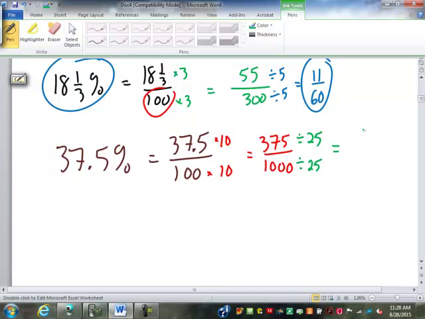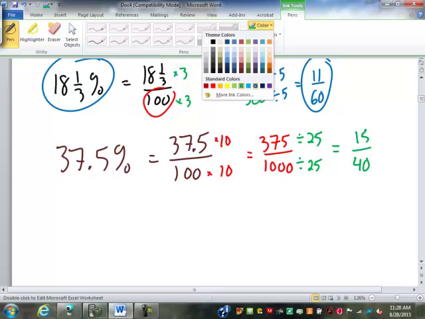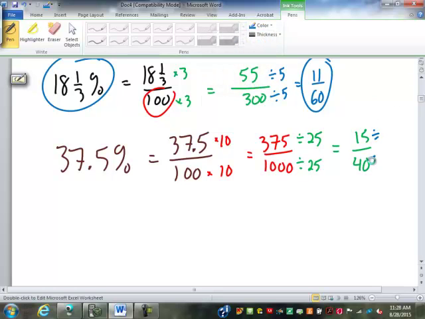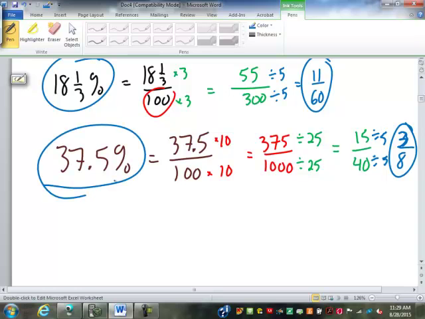Okay, if we divide by 25, we're going to get 15 over 40. Both of those can be divided by 5. There's 3/8. 37.5% is 3/8. 3 out of 8.